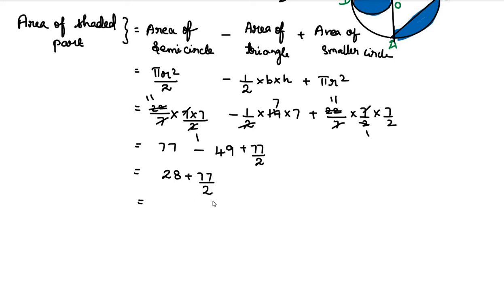So we are going to take LCM. 28 into 2, we will be getting 56 plus 77 by 2. That is 133 by 2 centimeter square. We can stop with this, or we can divide and write 66.5 centimeter square.